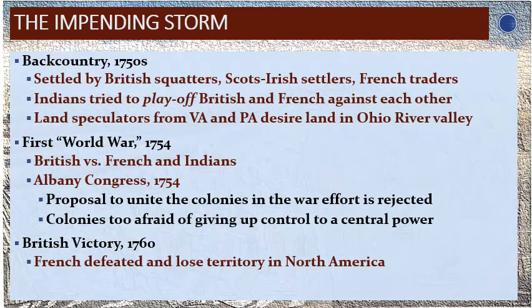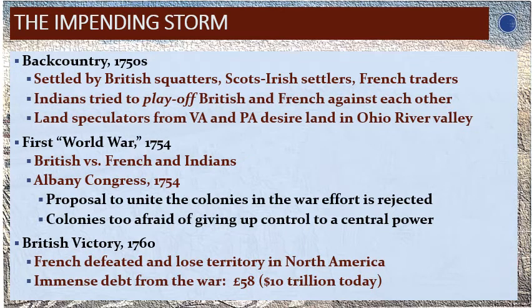With the French now gone, Indians have one playoff partner out of the way and now can only work with the British. And that, of course, makes it more difficult for the Indians to exploit groups against each other.